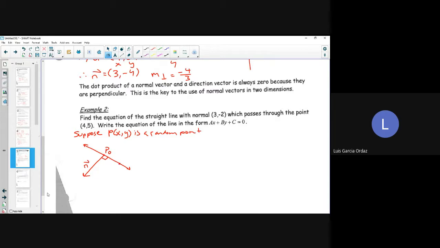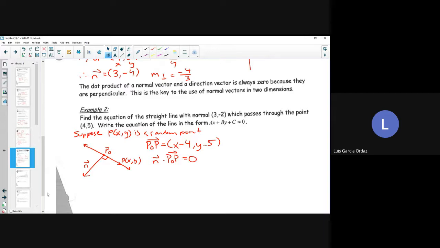Now I have this random point over here, which is P, x, y. From the previous lesson, I know that P0P is equal to x minus 4, y minus 5. And in order for it to be perpendicular, the dot product between my normal vector and P0P is going to give me 0.